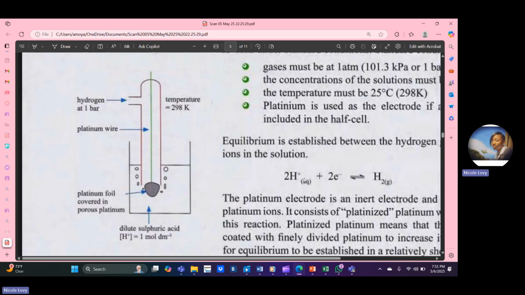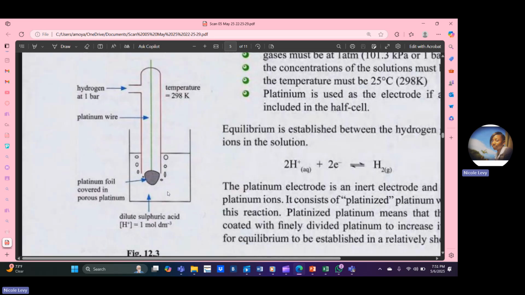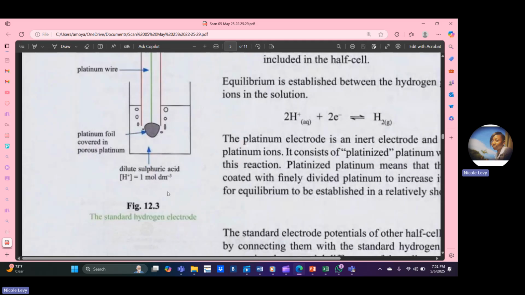So you're going to have the hydrogen ions in this solution as the electrons come in, because the hydrogen gas passes over the platinum. During that process, you form electrons, and the electrons react with the H+ ions in this solution. So you have the platinum foil covered in porous platinum. Temperature is 25 degrees Celsius, concentration is 1 mole per dm cube, and they normally use dilute sulfuric acid.